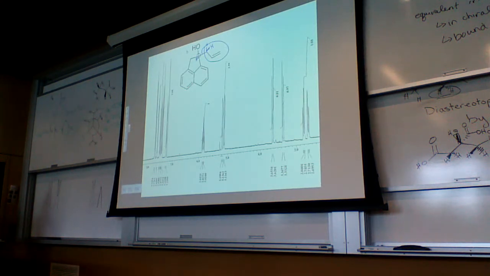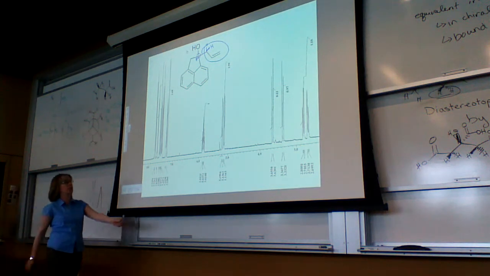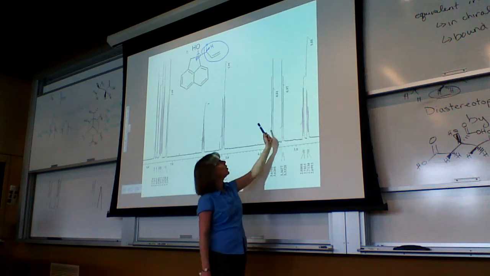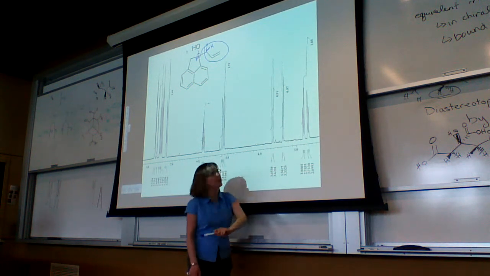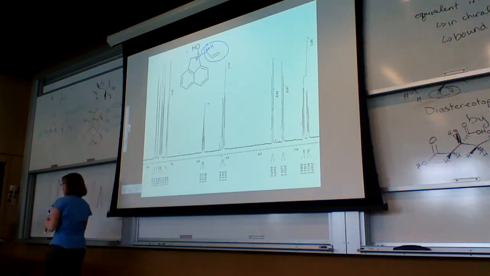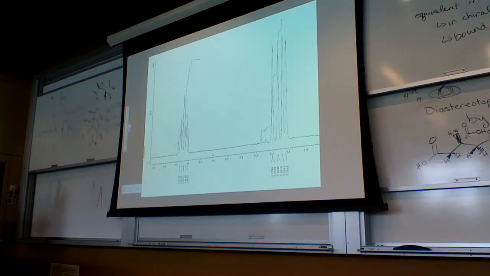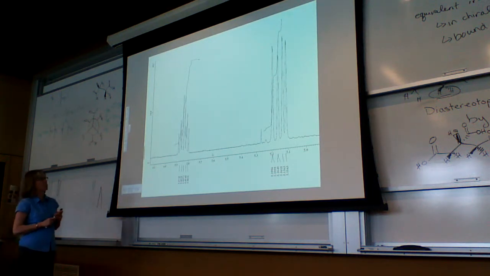If you go back to this, you see that we have a 1:2 ratio of our two peaks here. And then we have 1, 1, and 2 here. So we have one hydrogen on the alkene and then another one showing up. And I just found this, so we're going to do it together. Draw this coupling.